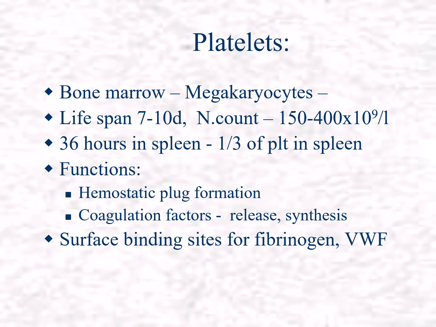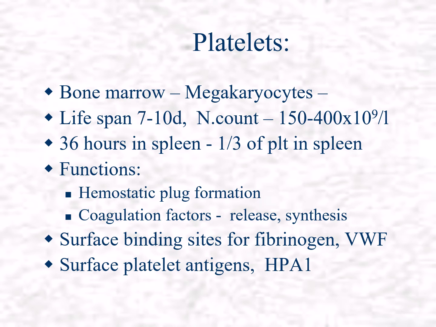They have binding sites for fibrinogen, which is called the von Willebrand factor. They also have surface platelet antigens, so they are antigenic. That means they can trigger an immune response.